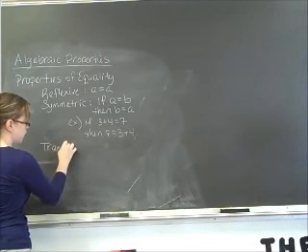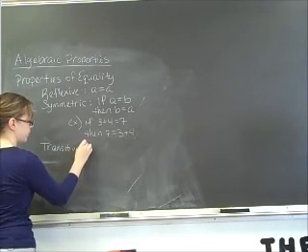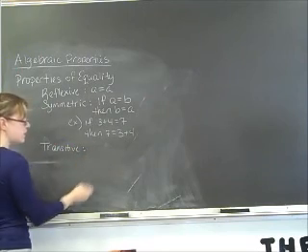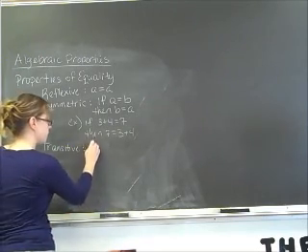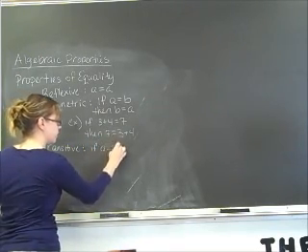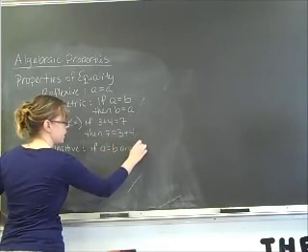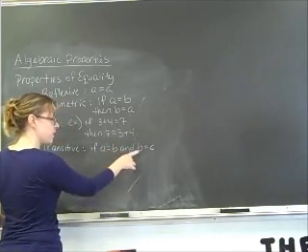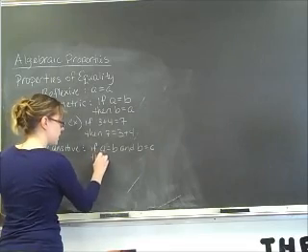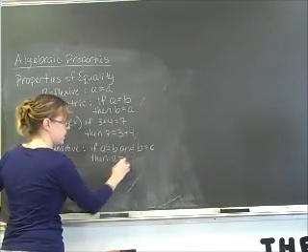The transitive property allows us to leapfrog, basically. So if a equals b and b equals c, then we can leapfrog over the b and say that a equals c.